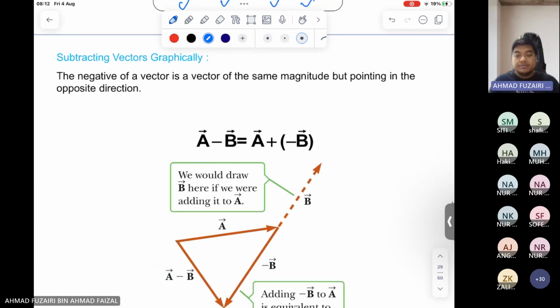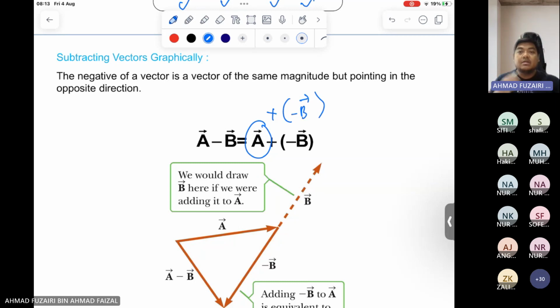How about subtracting? As I said to you, subtracting is actually based on the negative value. A minus B is equivalent to vector A plus vector negative B. So what is vector negative B?